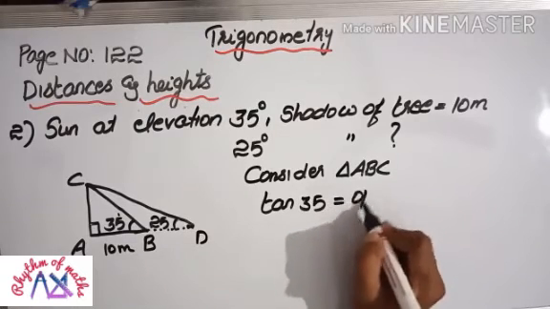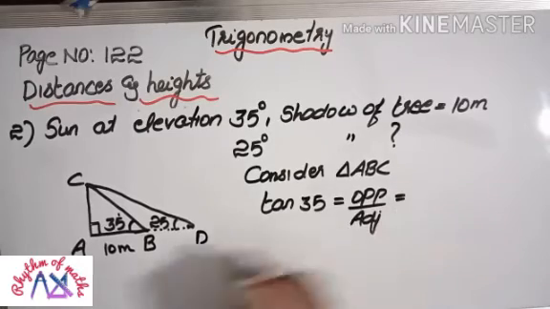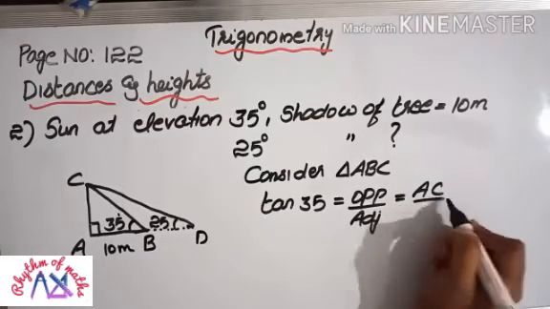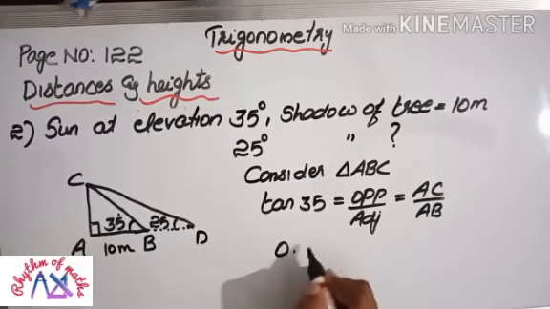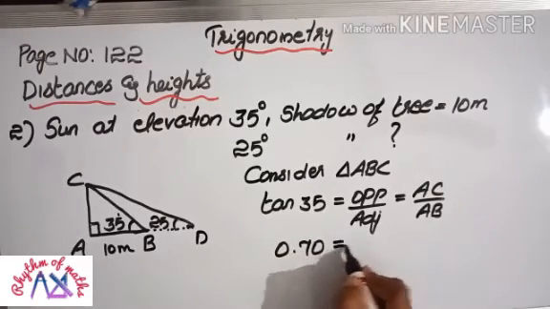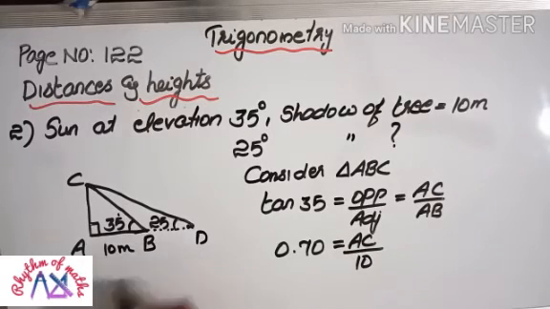Tan 35 equals opposite side by adjacent side, that is AC by AB, same like the previous case.